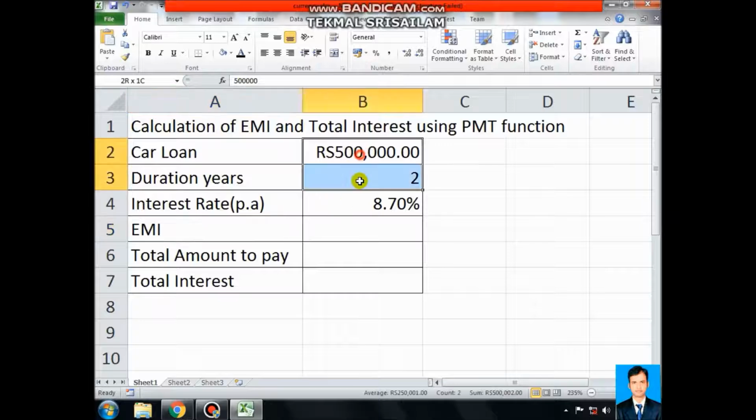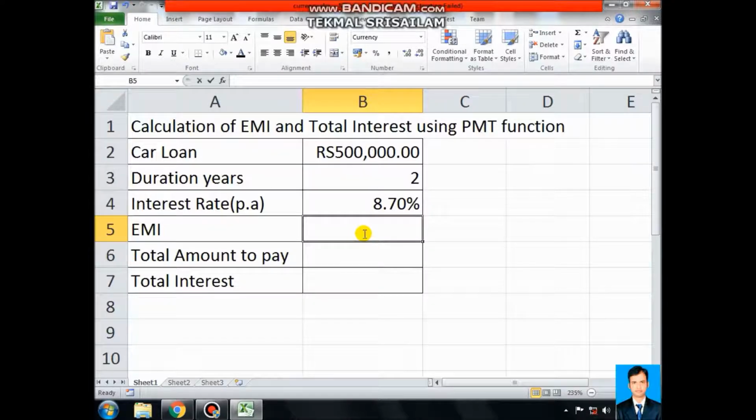So I have these three parameters. Now I want to know what is the repayment amount every month with this duration and rate of interest. Let's see how to use this.